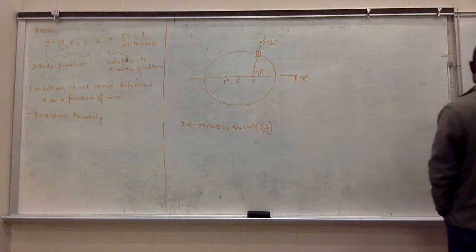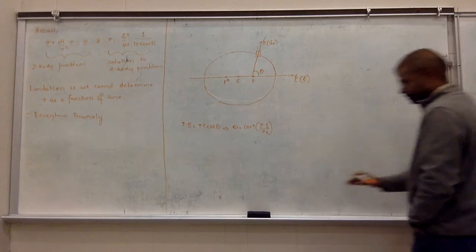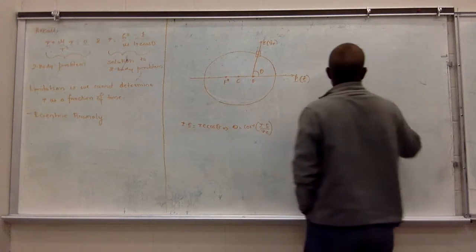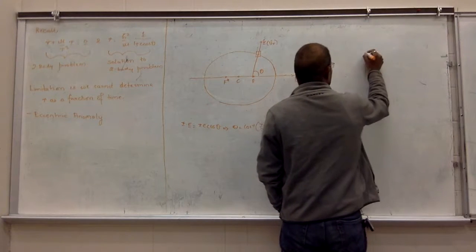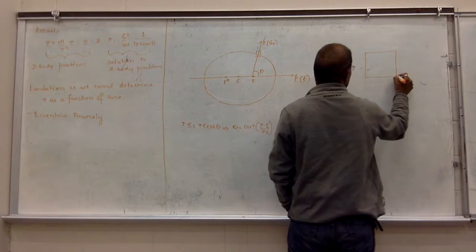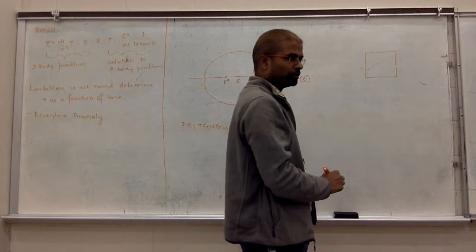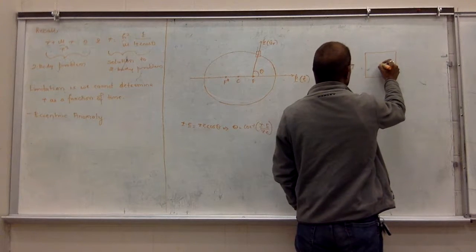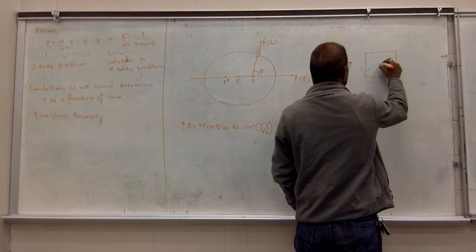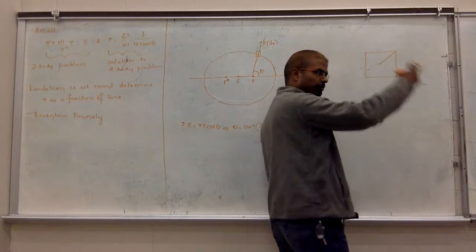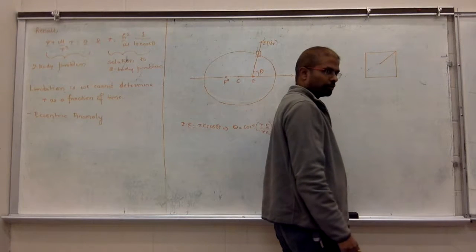So if you have this, and you want to circumscribe a circle around it, what you'll do is you'll find the center, okay, and using this as a radius, you draw a circle.